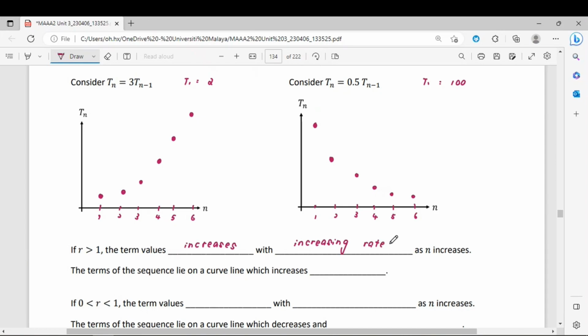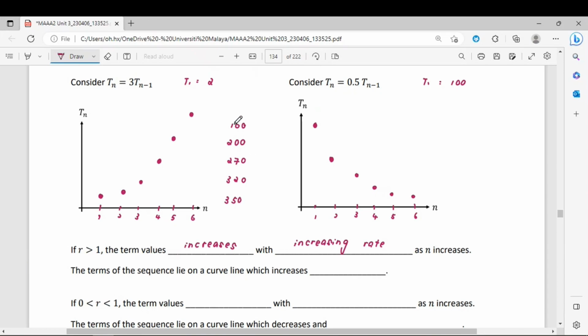Okay, I give you another example, maybe you can understand better. We can have a situation that is increases with decreasing rate. What does that mean? For example, if I have 100, 200, 270, then after that 320, and then let's say 350.